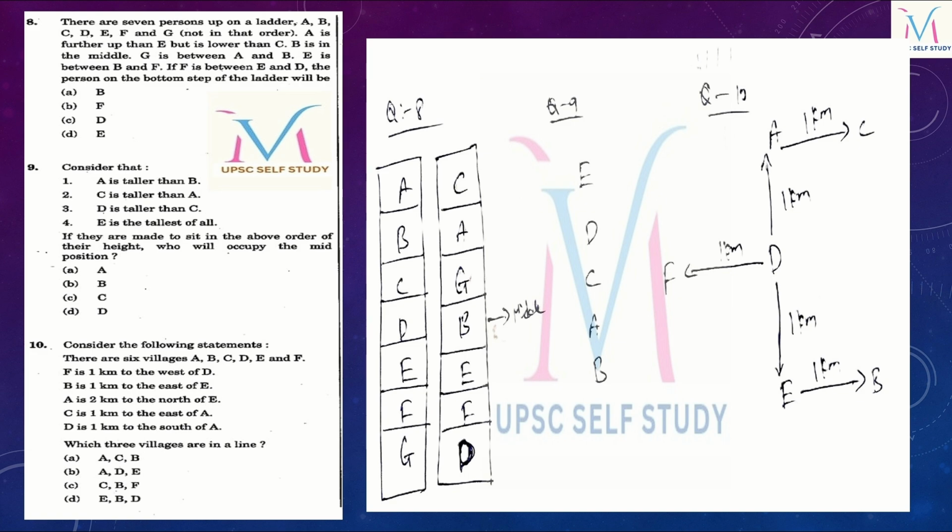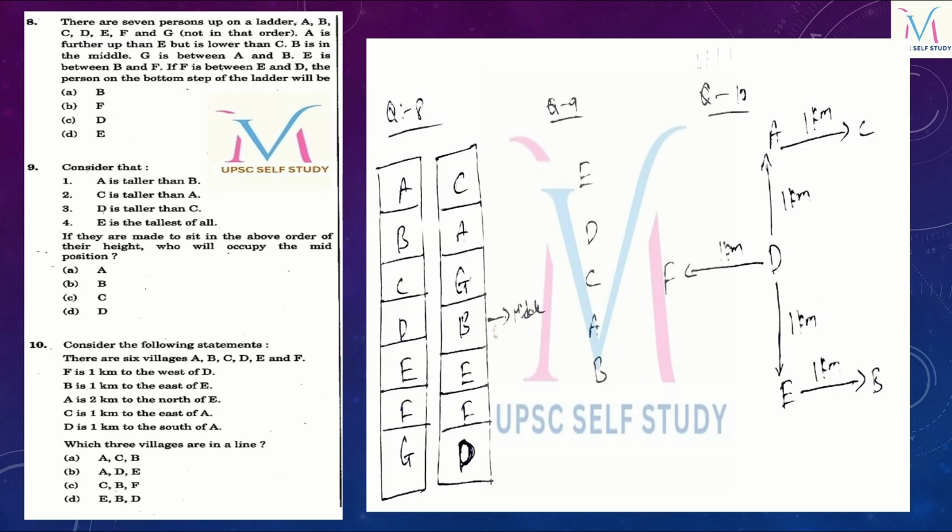And next, come to C is 1 kilometer to the east of A. Since A is there, again it relates to the A statement. Look at the picture.